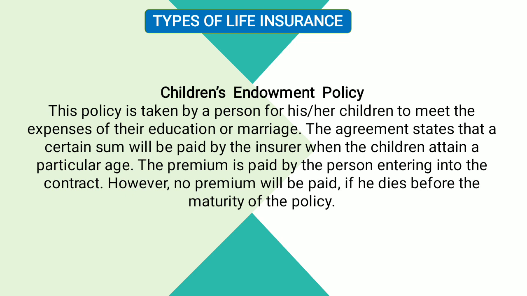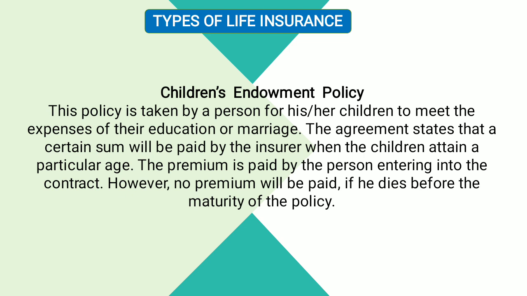So when the age of the child reaches this category, the assured will receive the amount. The premium is paid by the person entering into the contract. According to the contract, we have to pay the insurance premium amount. However, no premium will be paid if he dies before the maturity of the policy.